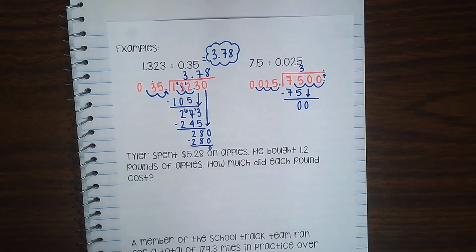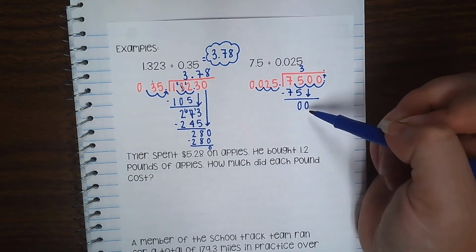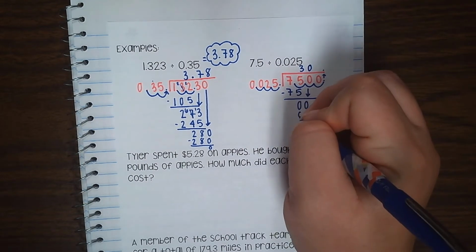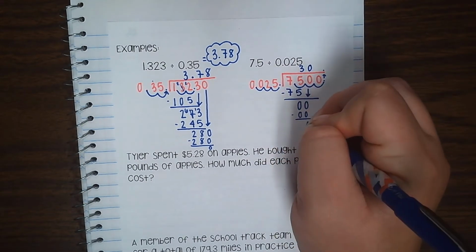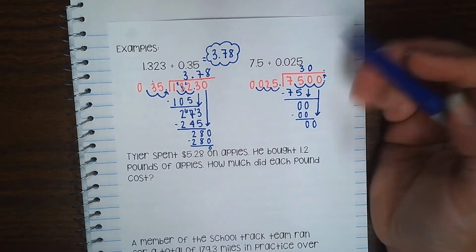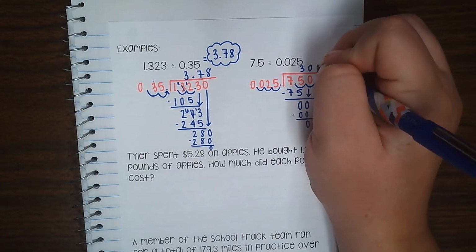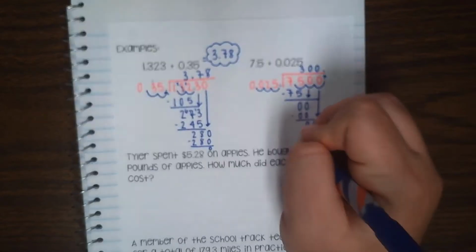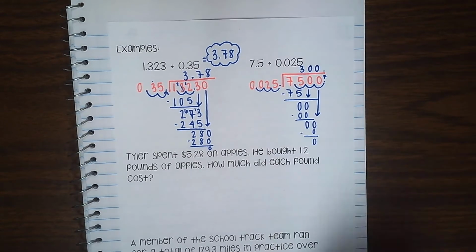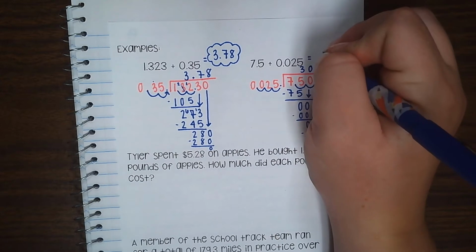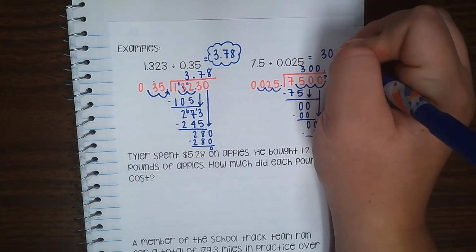Bring down a 0. 25 goes into 0 0 times. 0 times 25 is 0. That gives me 0. Bring down my last 0. And same thing. 25 goes into 0 0 times. 0 times 25 is 0. Subtract that, we get 0. So our answer is 300.